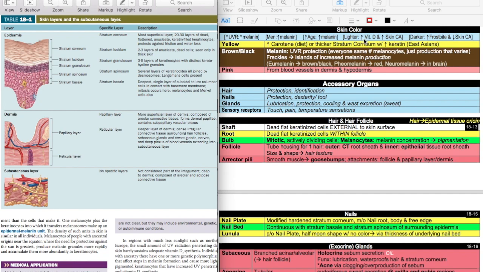Lighter skinned people are going to have increased vitamin D making ability because they have less sunscreen blocking out UVB radiation. Remember, you need UVB radiation acting on 7-dehydrocholesterol in order to form vitamin D3, cholecalciferol, which then travels to the liver to be turned into 25-hydroxy and then to the kidneys to be turned into 1,25-dihydroxycholecalciferol.